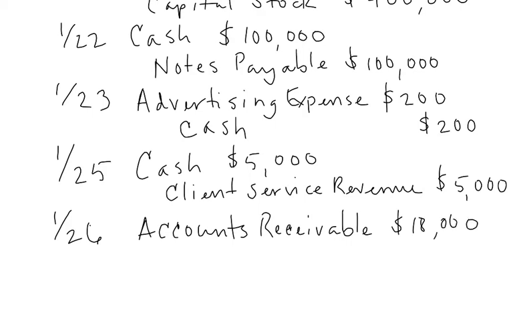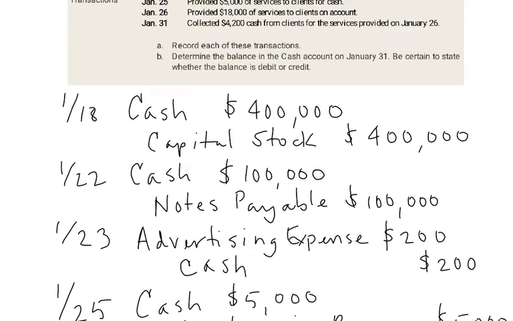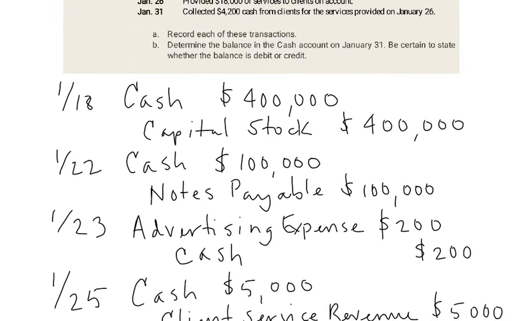And therefore I'm going to go ahead and recognize it in my client service revenue. And we do that with a credit entry. So let's move on to our last transaction, which was we collected $4,200 cash from clients for the services provided on January 26th.